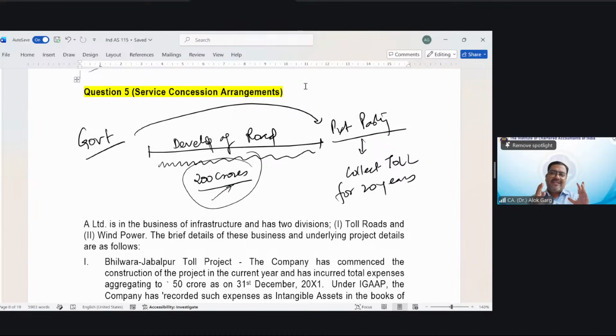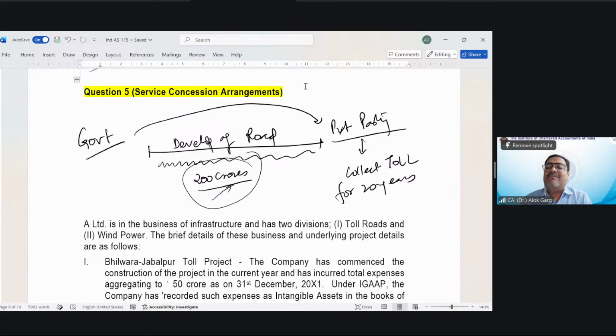So friends, in this case, when the government has given a guarantee of 1 lakh rupee every day, it doesn't matter whether the collection is 10,000 rupees, 0 or 10 crore rupee, this private party will be able to receive only 1 lakh rupee every day. So this will be considered as an intangible asset, where the right to collect money is not there. The right to collect the fixed amount is there.